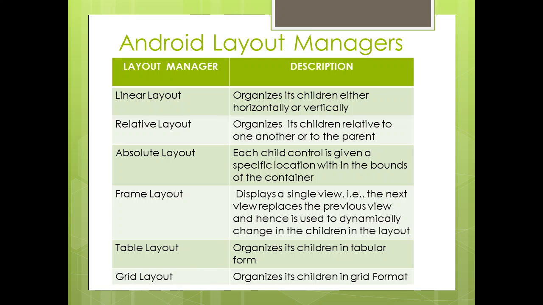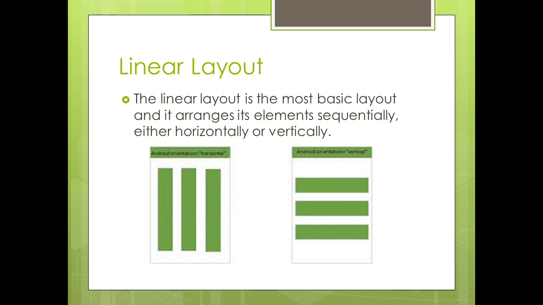Table layout organizes its children in tabular form, and grid layout organizes children in a grid format. In this video we are going to discuss linear layout: what is meant by linear layout, how we can work with it, and an example program.